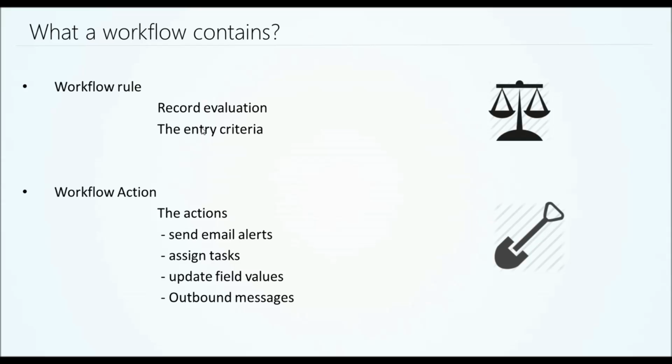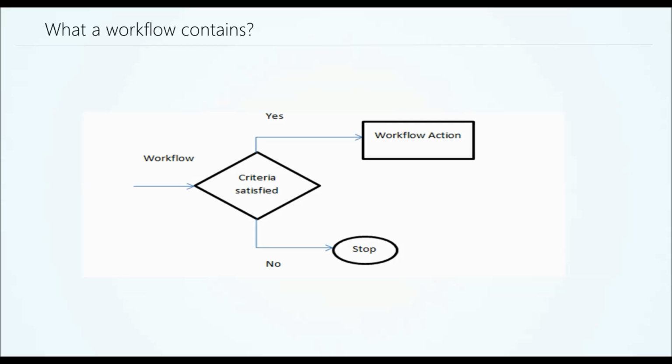That condition is called the entry criteria. For every workflow we can create entry criteria. Then workflow action: we can perform different kinds of actions using a standardized workflow, which we can discuss in the next slide. So basically, the diagrammatic representation of a workflow will be like this.